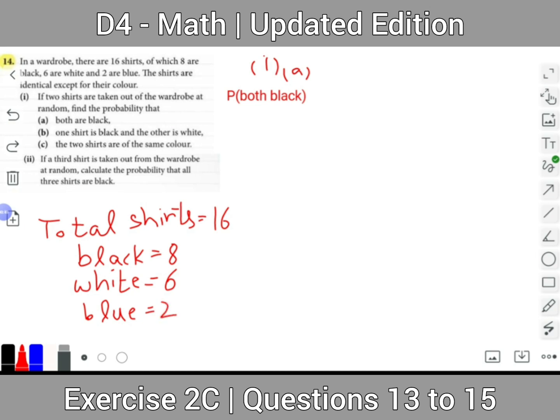So for the probability that both are black, first we have to find the probability for the black shirt first. It is also given that we have to take two shirts from the wardrobe at random. So for the probability for the first black shirt, total number of outcomes is 16, and favorable outcomes in the case of black shirt is 8. So here we have 8 over 16.